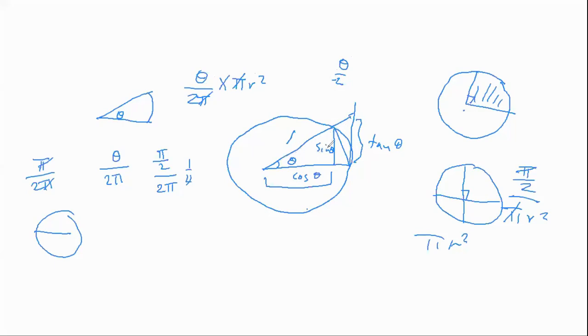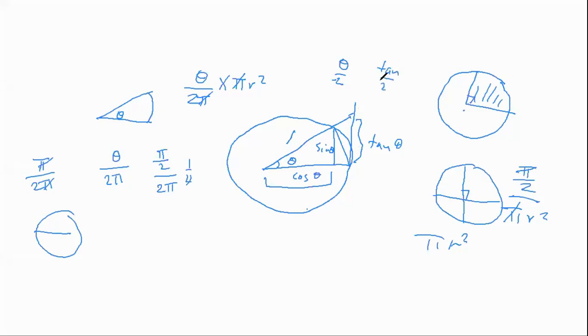If that is the case, let us take the area of the bigger triangle. What's the area of the bigger triangle? The opposite is the height, which is tan. The adjacent is 1. What do you think its area is?